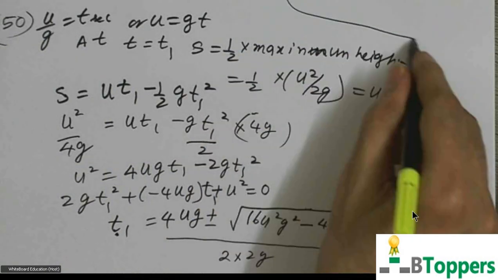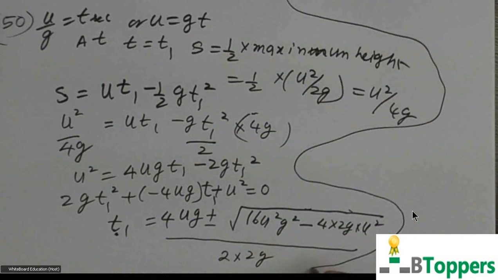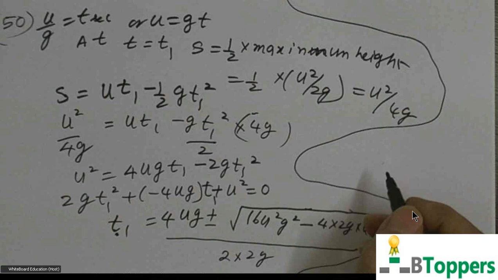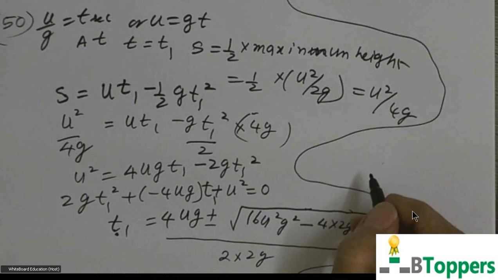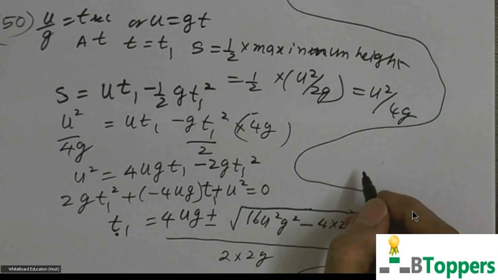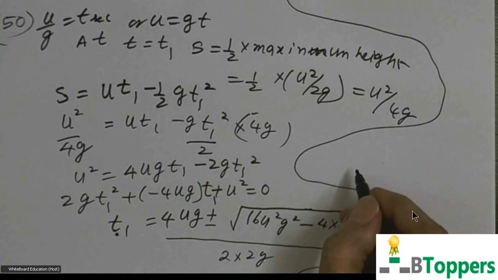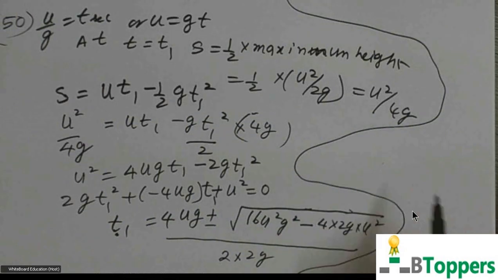So you get two values of t1. The smaller value of t1 represents the time after projection at which it is at half of the maximum height during upward motion. The larger value of t1 is the time after projection at which it is found at half of the maximum height while returning. So you have to find the larger value of t1 here.